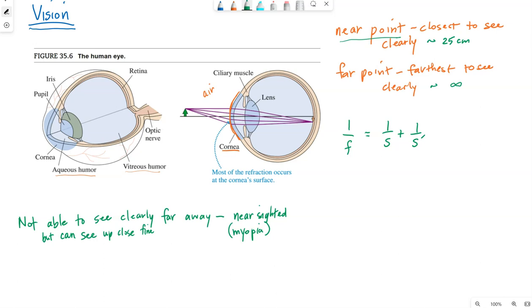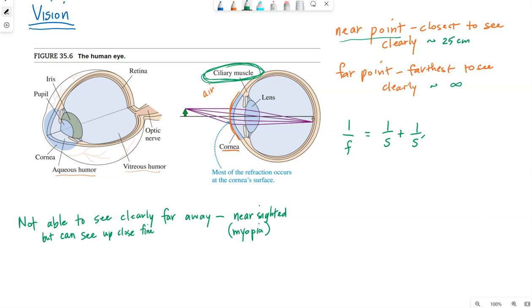Ultimately, when we are looking at different things, these ciliary muscles that surround our lens in our eye change the radius of curvature of the lens. And that's how that fine tuning and fine focusing is done. As time goes on, our lens becomes less pliable and we cannot focus as well as we used to.